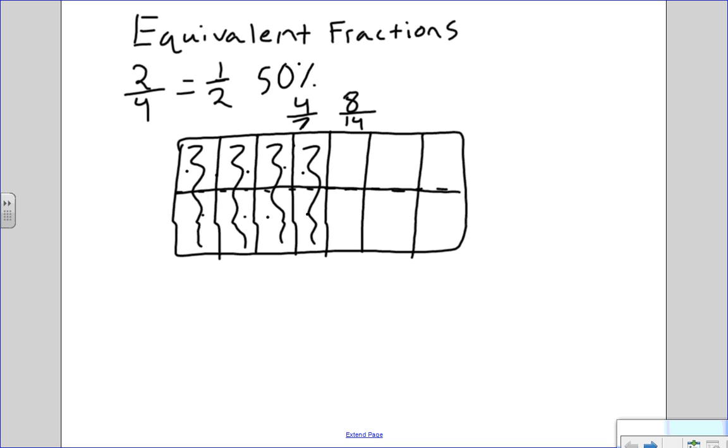Now, if we look at this shaded in area, 4/7, and 8/14ths are the same area, correct? So these are equivalent fractions. They represent the same equal value.